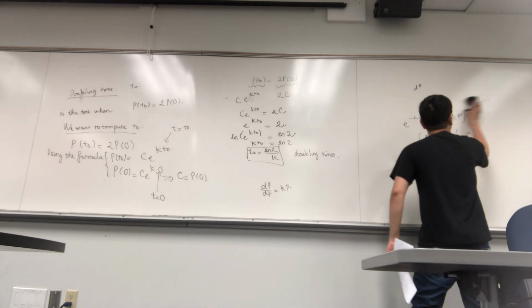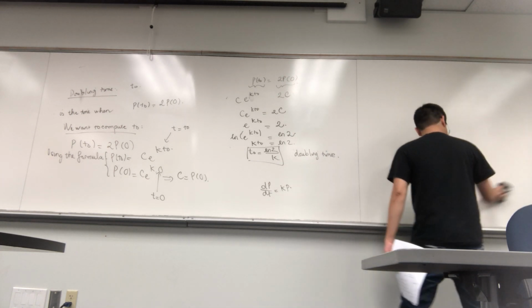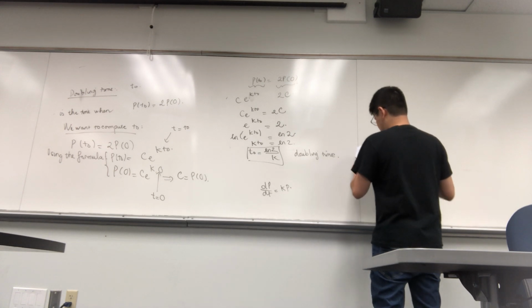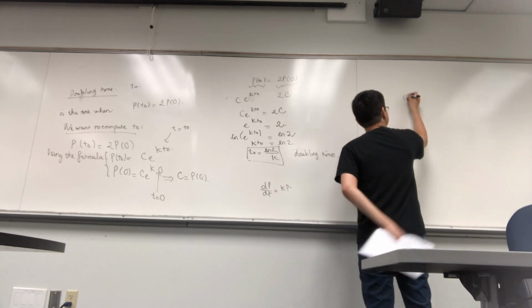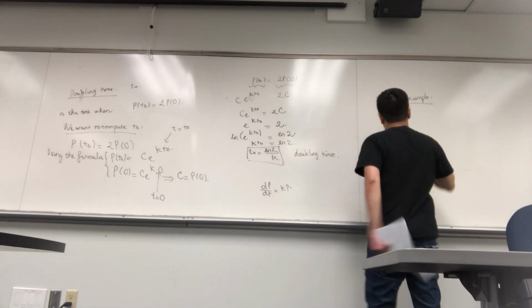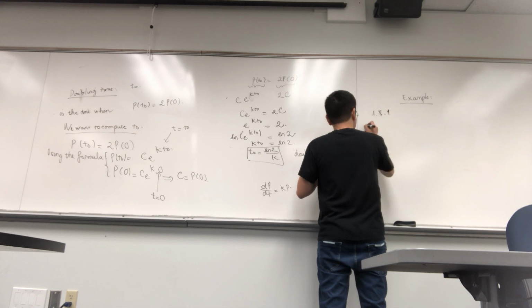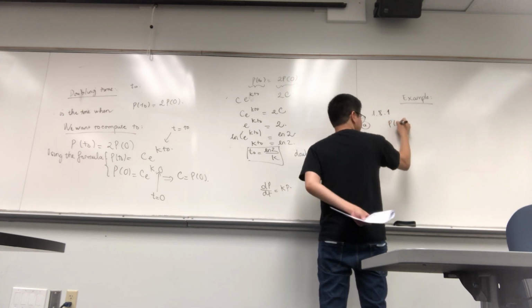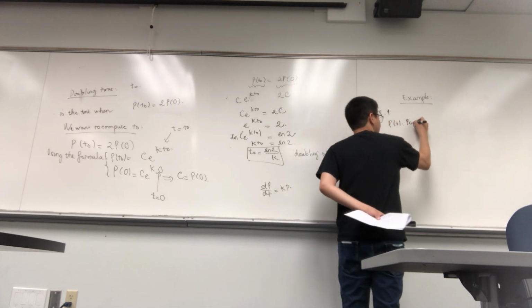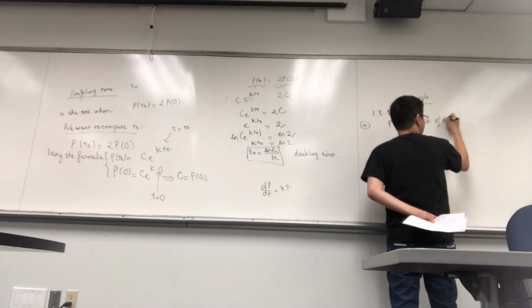Right, so let us do an application. Example 1.8.1. P(t) is the population of the Earth, the population of the world.